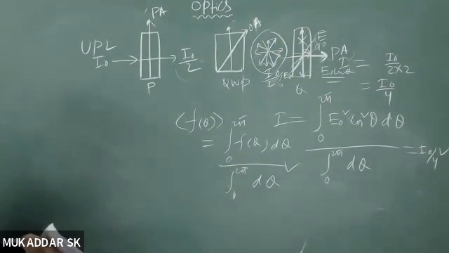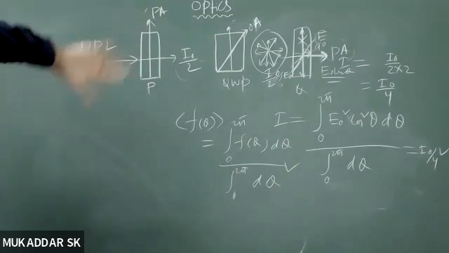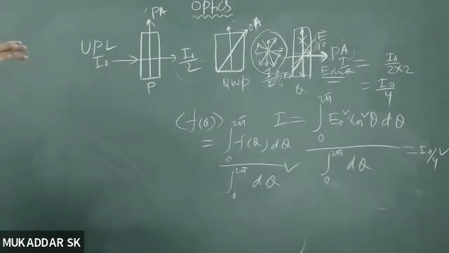Okay, is this clear? Sir, for unpolarized light it is the same, sir? Yes, for unpolarized light also it is the same. Correct. Why is it the same for unpolarized light? Because again for unpolarized light also there are various kinds of theta possible, right? So that's why you will get a similar kind of pattern.